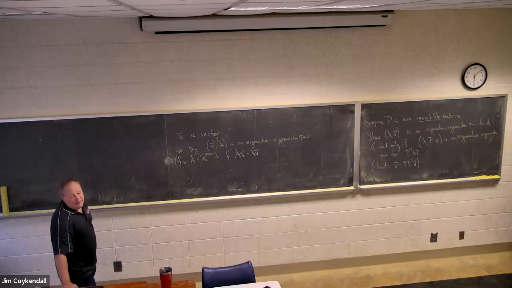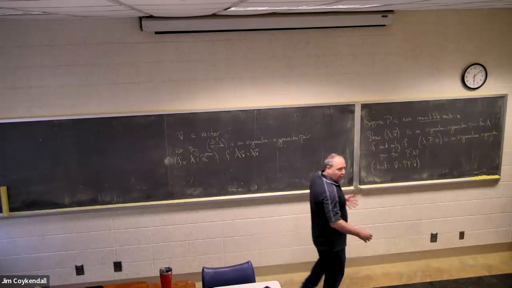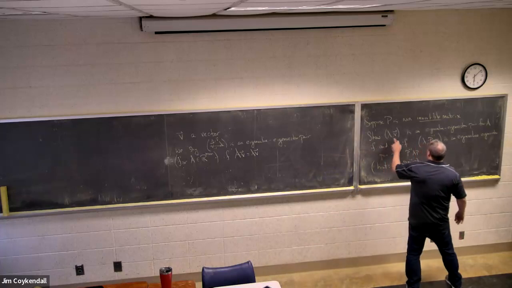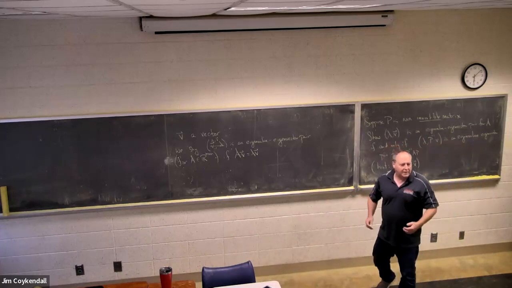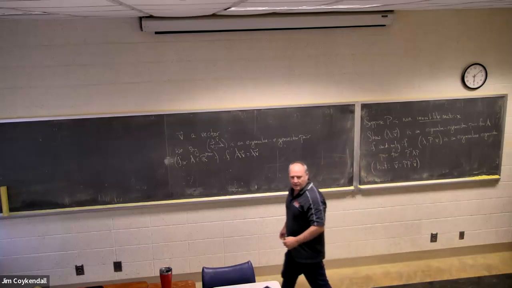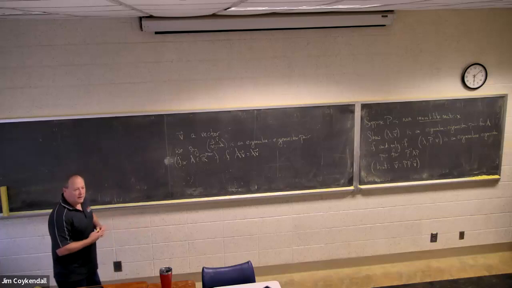Let me break this down. How about that? Let's simplify the question. We've got two conditions. We need to show the same thing, right? Lambda, V is an eigenvalue, eigenvector pair for A. So what does that mean? What does it mean for lambda, V to be an eigenvalue, eigenvector pair?